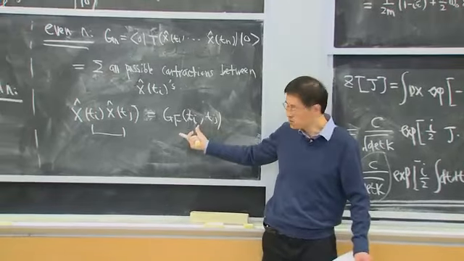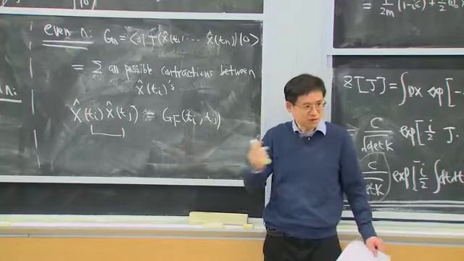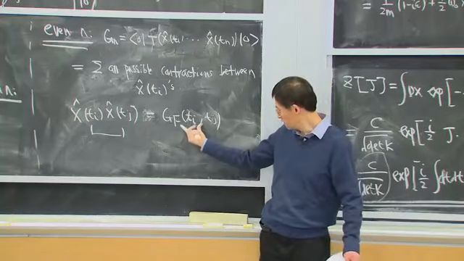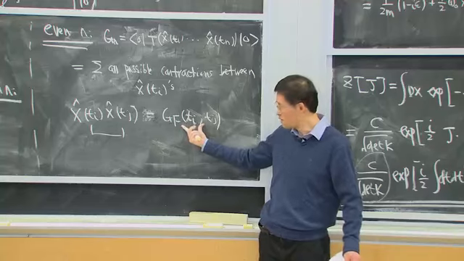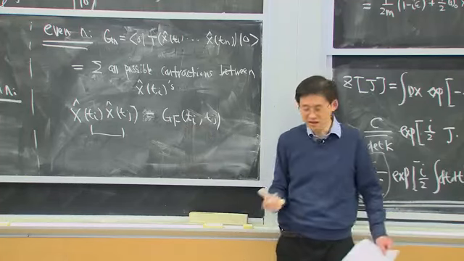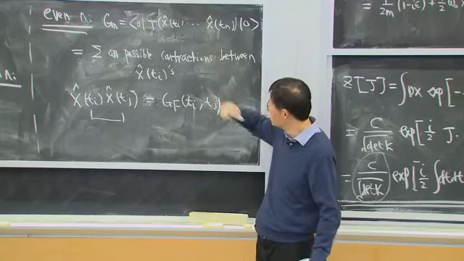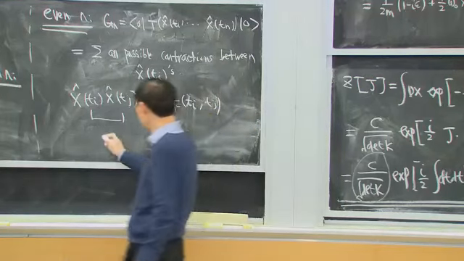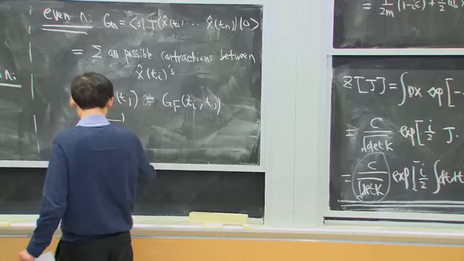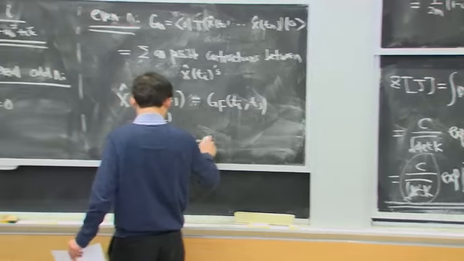But in the end, it's a very simple result: just the sum of all possible contractions, and each pair is time ordered. So in the early days without the path integral, this is a highly non-trivial result, and it was first proved by Wick. So this is called the Wick theorem.